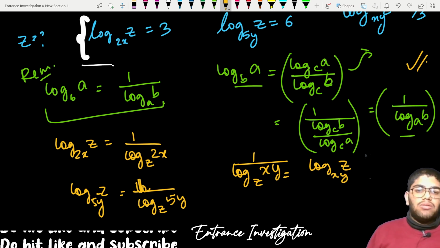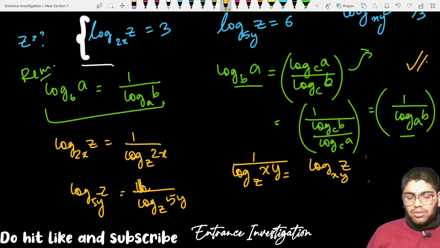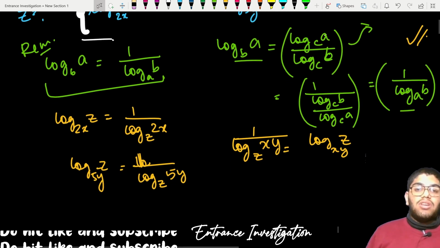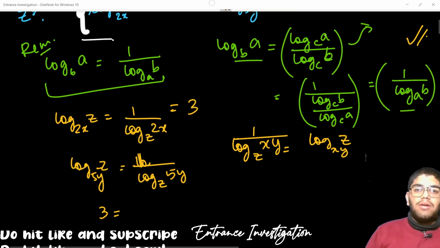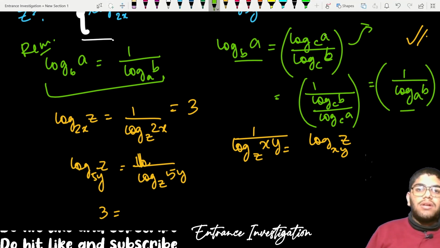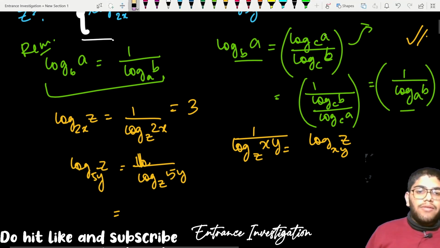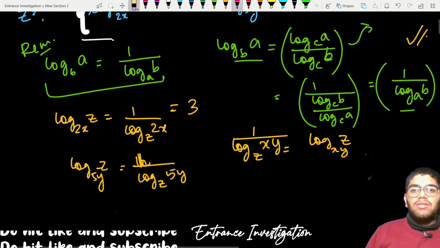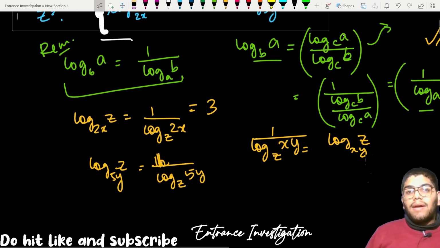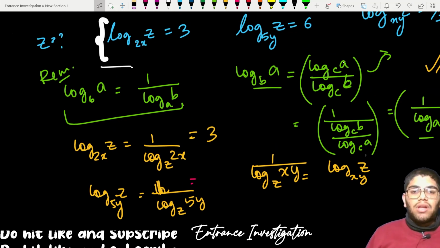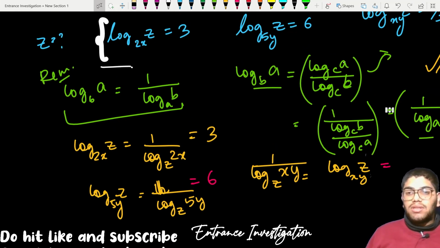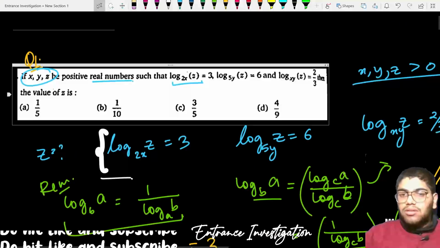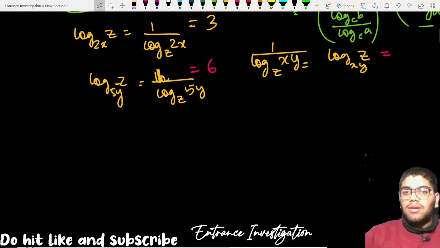Now we have these values, so this becomes really simple. This is 3, this value is 6, and this value has been given to us as 2 by 3.